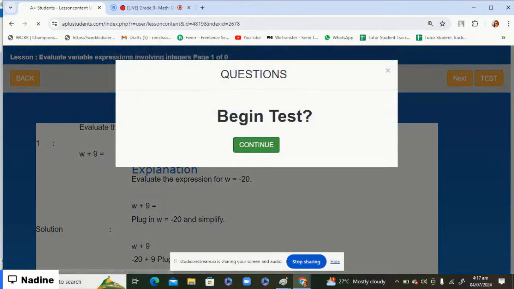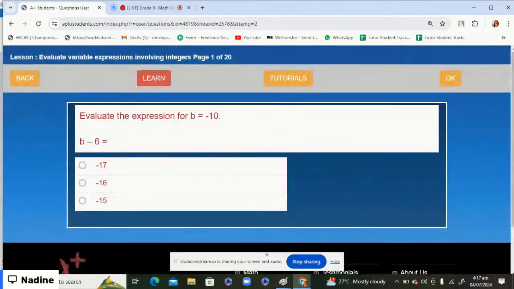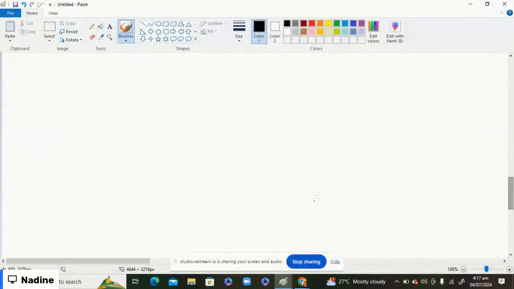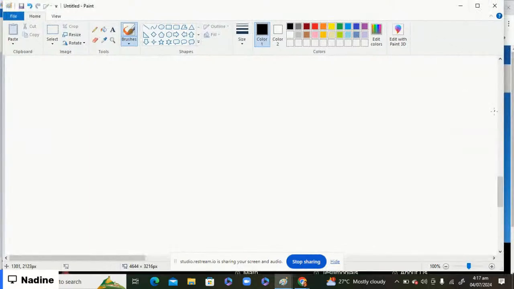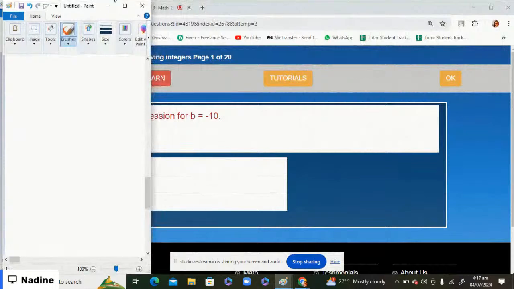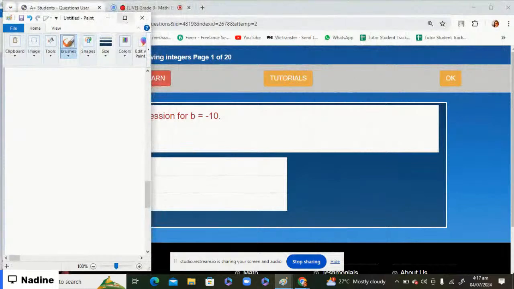So here, we have B is equal to minus 10. Let's do it. So we are just going to write it here then.